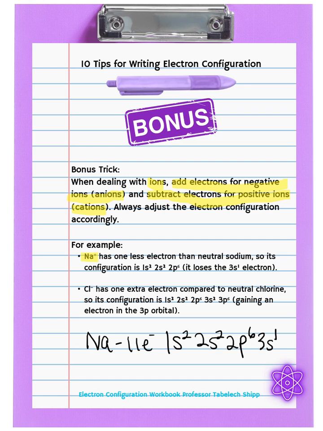Now, when you add up those superscripts, 2 plus 2 plus 6 gives us 10, plus 1 gives us 11. Now, in this example where they told you there was sodium with a plus 1 charge, the sodium ion, you know what you're going to do? You're going to remove this 3s1 portion of your configuration because it's losing an electron because of that positively charged ion. So this is what you would end up writing as a result.